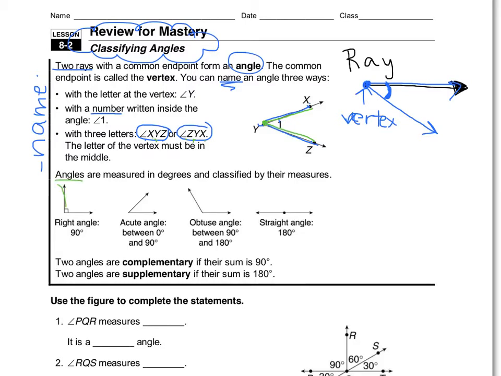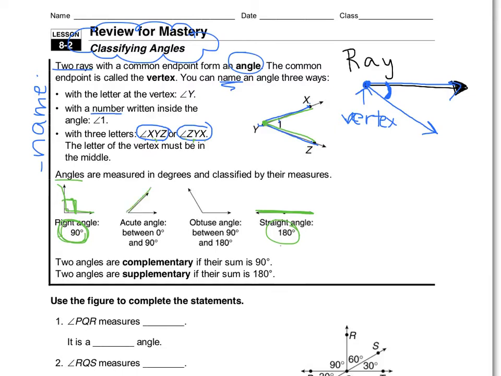Alright, things you should already know. You should already know a right angle is 90 degrees. Look for those 90-degree angles because you can use that to find a missing piece in a diagram. The other one I need you to watch out for are those straight lines. A straight angle, you're going to use that 180 degrees over and over again. Okay? So we need to know those two things.